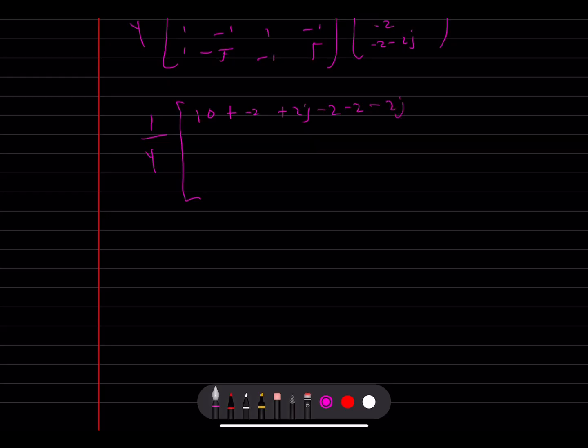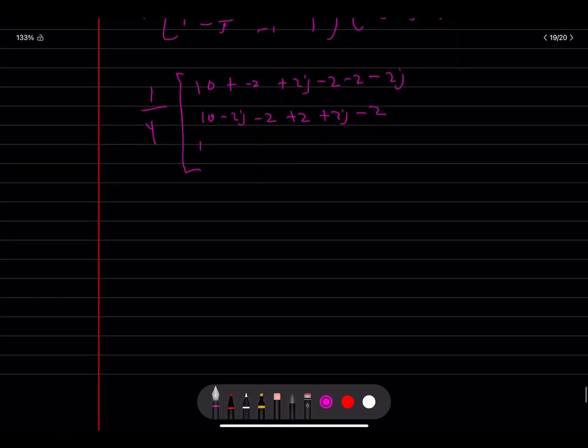And the next row is 10 minus 2j minus 2 plus 2 plus 2j minus 2. The next one is 10 plus 2 minus 2j minus 2 plus 2 plus 2j. And the last one is 10 plus 2j plus 2 plus 2 minus 2j plus 2.